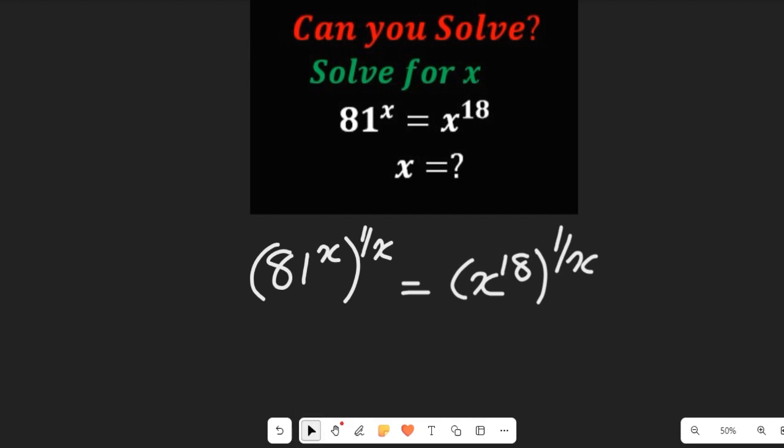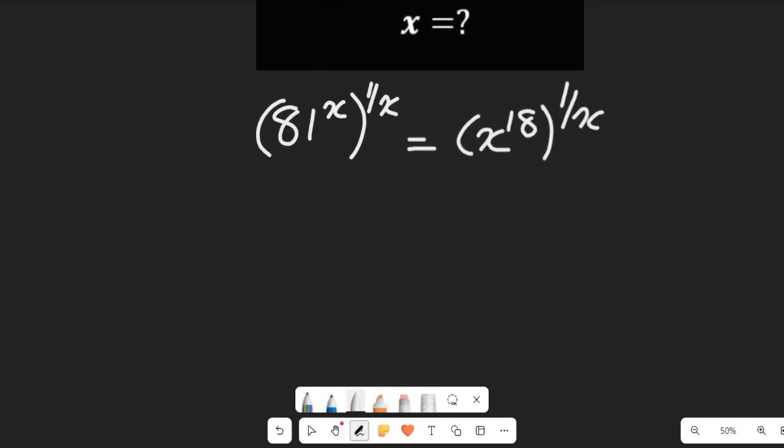Now, considering the laws of indices, a to the power of x multiplying y can be equal to a to the power of y multiplying the power of x.